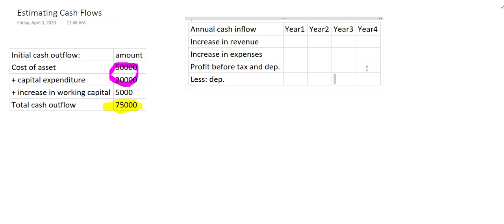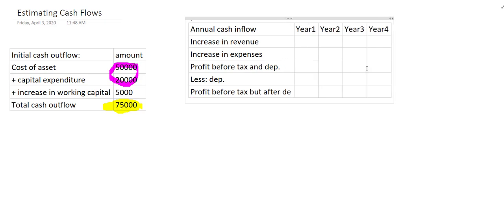How to calculate depreciation? We will see it. The result you have will be called profit before tax but after depreciation, DEP, right? After depreciation. Whatever is the result after this, we have to subtract taxes. Minus tax.